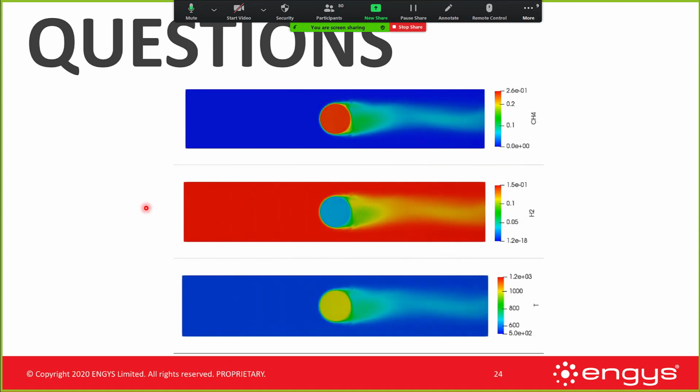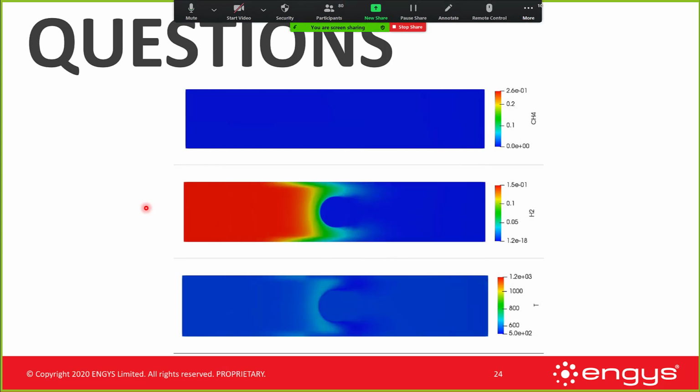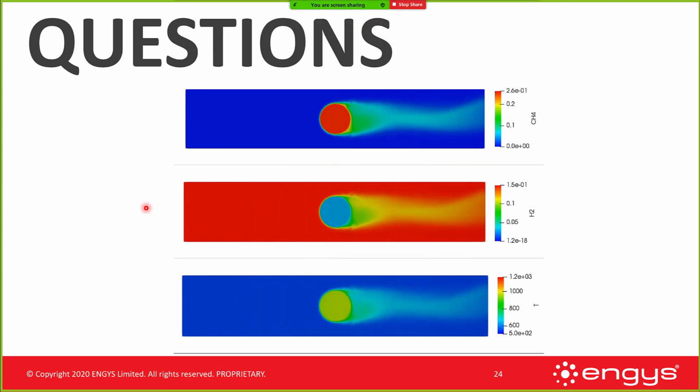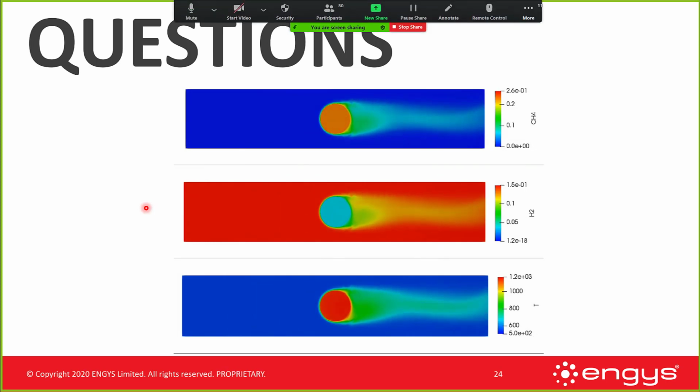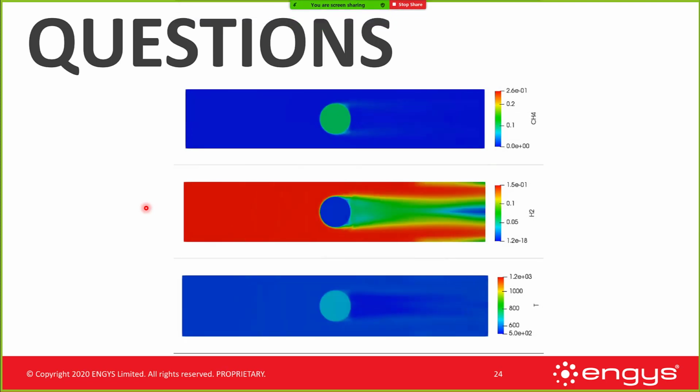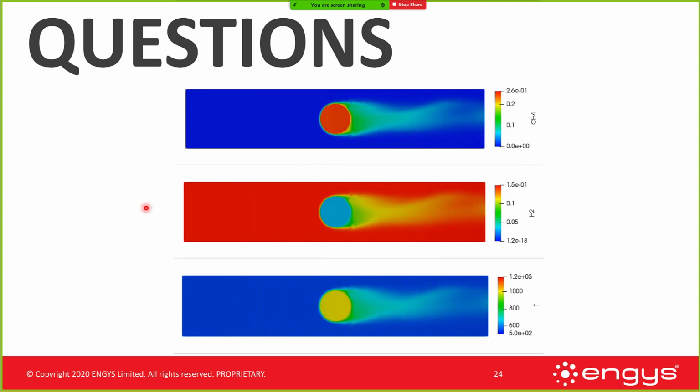Since the 10-year period that we started at ENGYS, a lot has changed. There are some familiar things within the dictionaries that drive Helix HexMesh, but in terms of the code, no, there's a lot of different things that have been added since then. In terms of the interface, there are some components within the Helix HexMesh dict that might match with the SnappyHexMesh dict, but overall, it needs to be run with Helix Core.